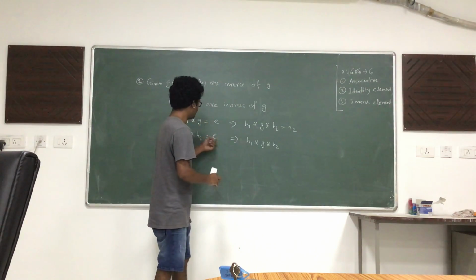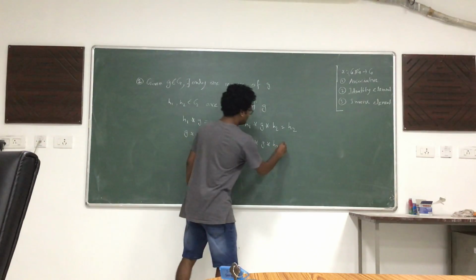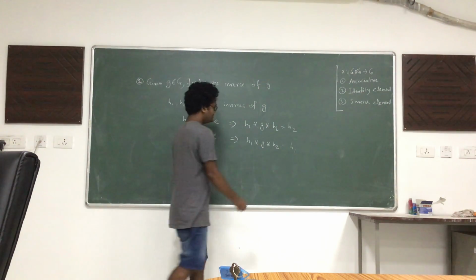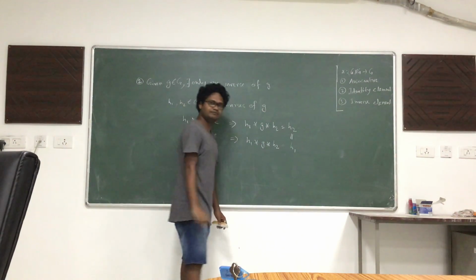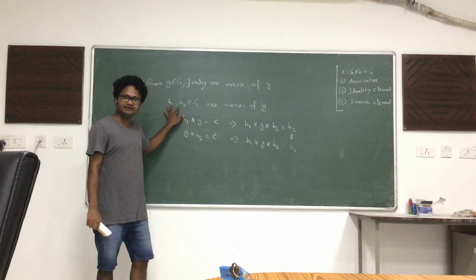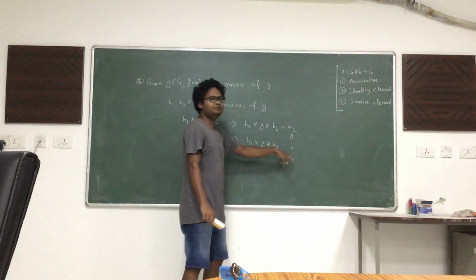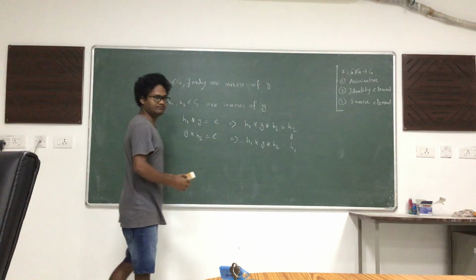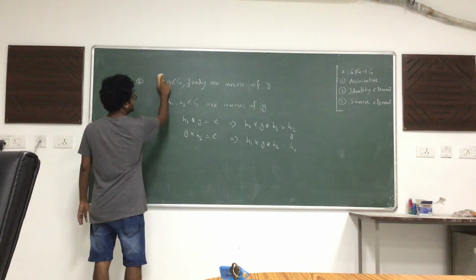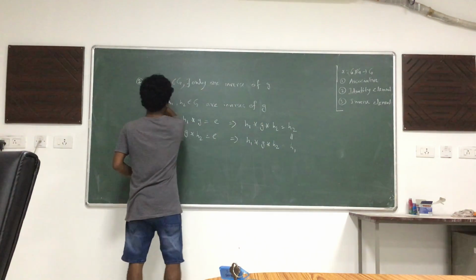Then h1 times e is basically h1, and these two are the same. So even if we try to take two different inverses for a given element, they have to be exactly the same. So these two are some general properties of the identity element and inverse element of a given element.